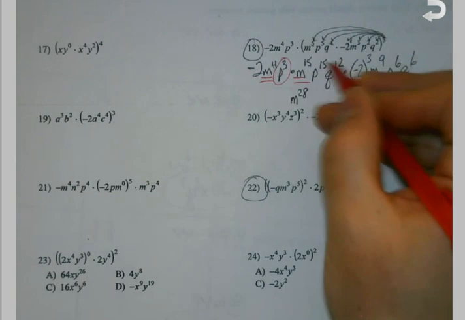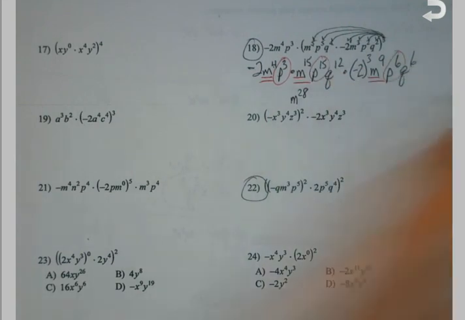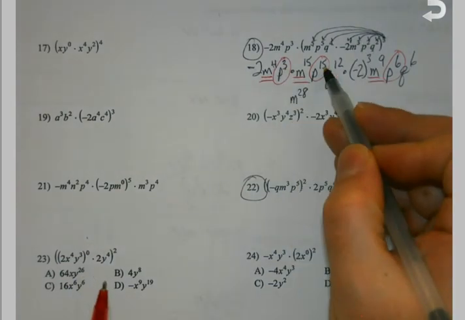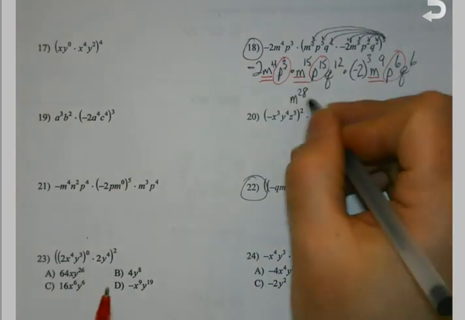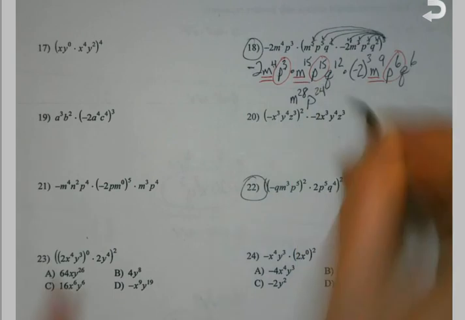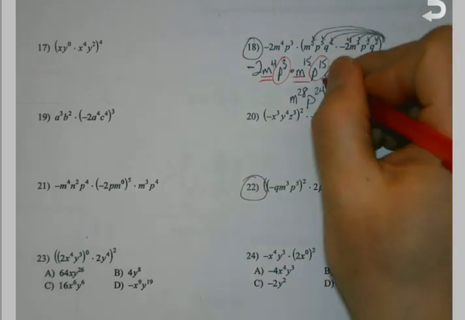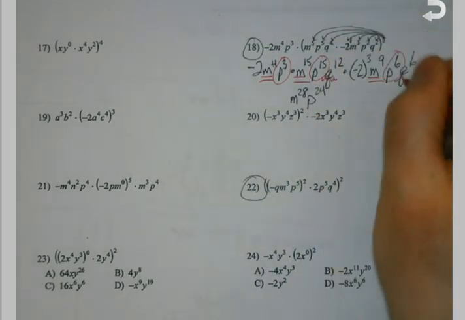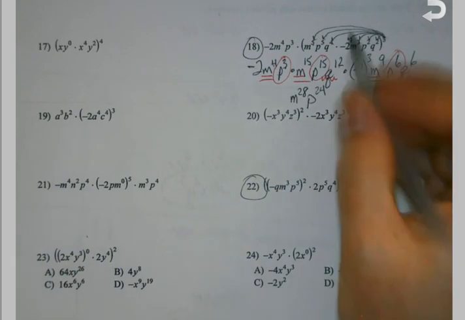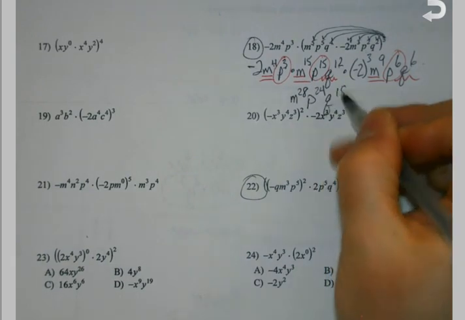Then I go to the p's. And again, sometimes just marking them like I do here can help out quite a bit. So 3, 15 is 18, and 6 is 24. And then I got some q's working here. 12 and 6 is 18.